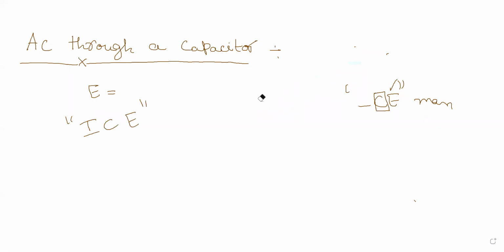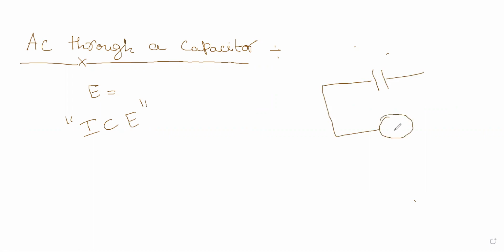It's a very simple circuit. What we will deal with is a capacitor connected to a voltage source, that is an AC voltage source. So this is the tap key. The AC voltage source is always represented like this.